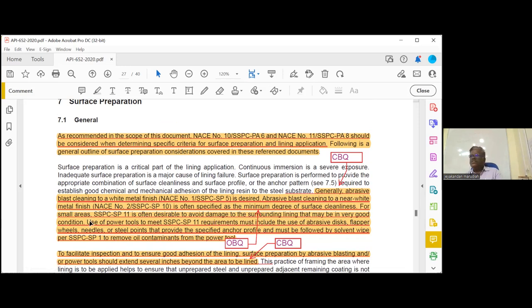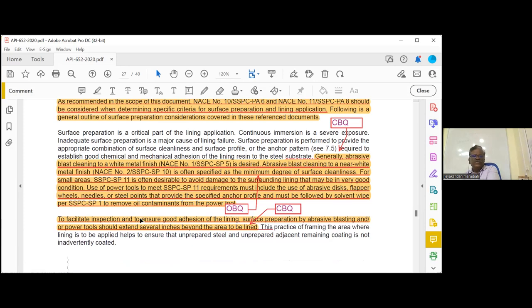For small areas where there is no access, we can go for mechanical tool cleaning. SP11 is often desirable to avoid damage to the surrounding lining that may be in very good condition. Use of power tools to meet SP11 requirements must include abrasive discs, flap wheels, needle guns, or steel points that provide the specified angular profile. So in inaccessible areas where blasting cannot be done, we can use a power tool. So SP5 white metal blast cleaning, SP10 near white metal, SP11 power tool cleaning.